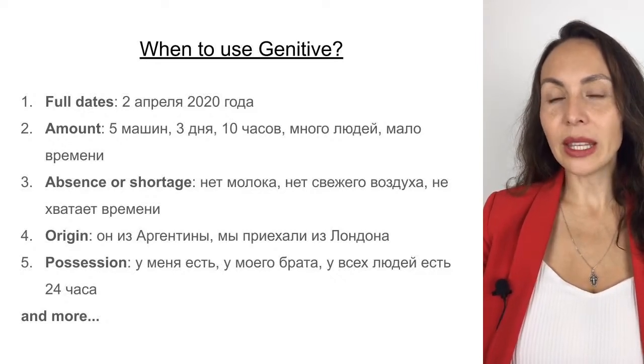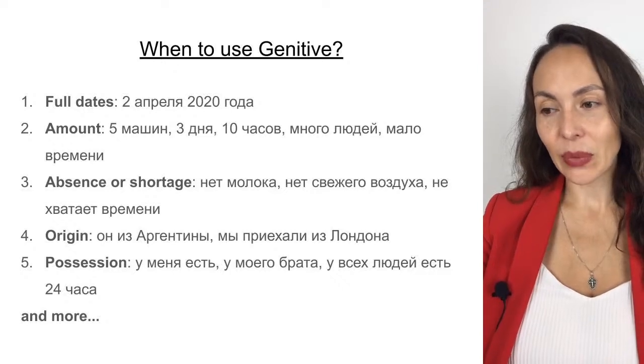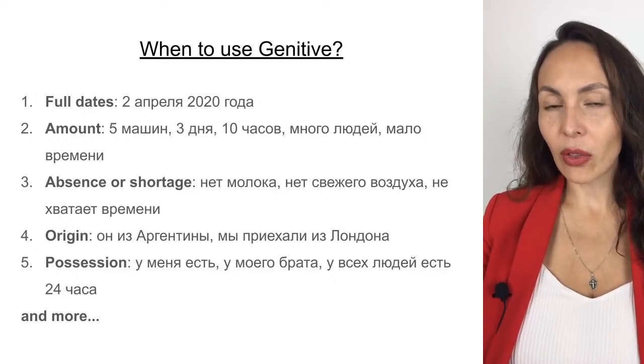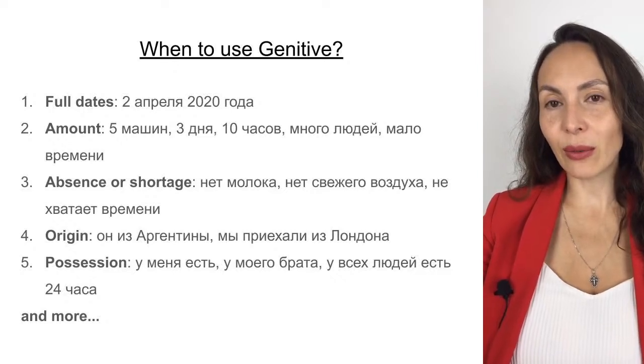У меня, у моего брата. Again, I remind you that мой брат, both words change. У моего брата.